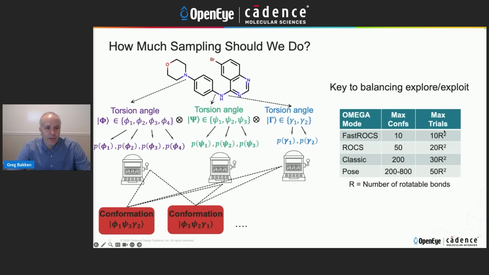And we found, similar to the modes that we set for Omega, that we have heuristic parameters, if you will, that tell us how many trials we need to do for each of those modes. So if we're doing small ensembles, we can do fewer trials. If we're going to do larger ensembles, we want to do more trials. And so here you can see we have a table that just shows the amount of sampling we do relative to the number of rotatable bonds for each of the modes of Omega that we're going to run.